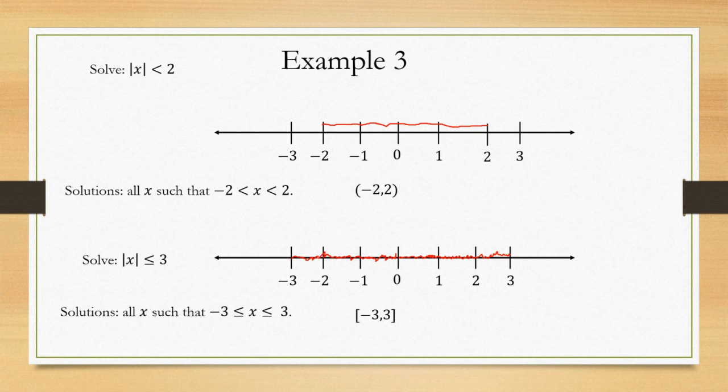Everything in red here is less than 3 units away from 0, as you can see. So we're good. So in this case, the solution set is all numbers between -3 and 3. So that's what we get here.